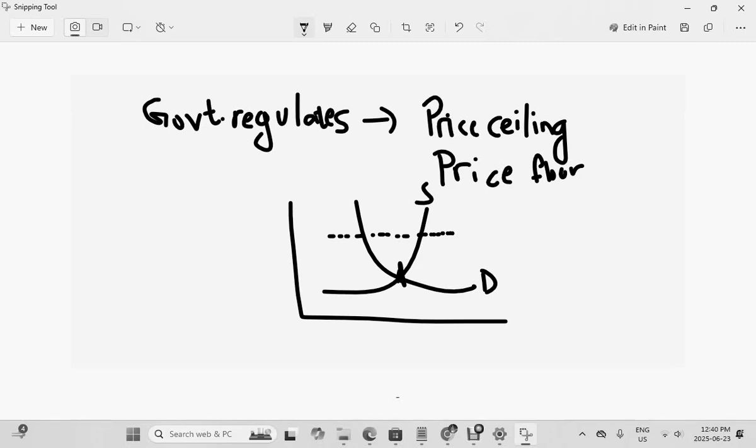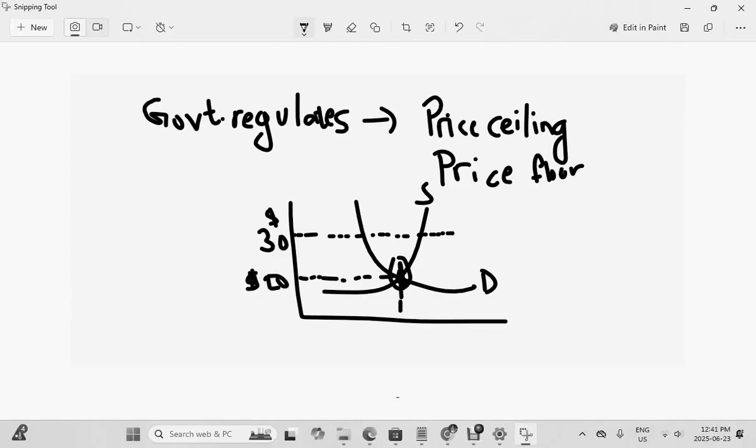So let's start off with price ceiling. Let's say the government sets a price ceiling somewhere over here at this price level, and this price is $30. Suppose the equilibrium point is this one over here, where the suppliers are willing to supply at a price where the consumers are willing to buy, and let's assume this equilibrium price is $20.